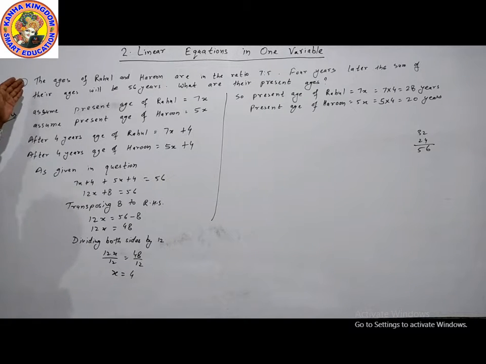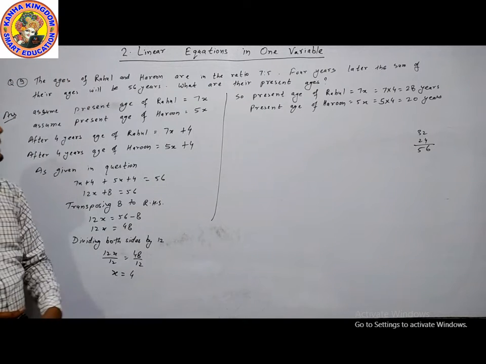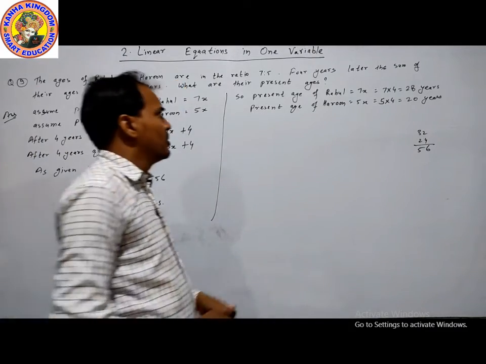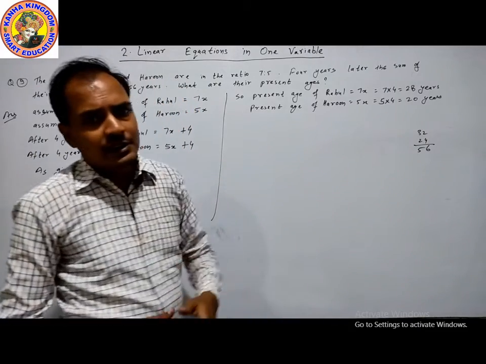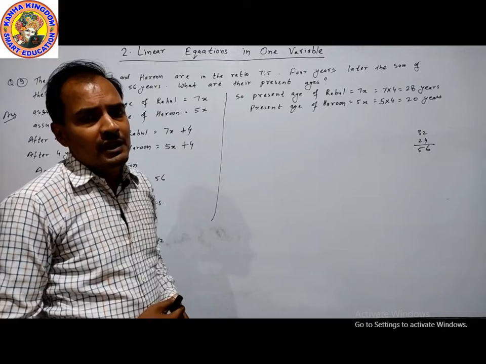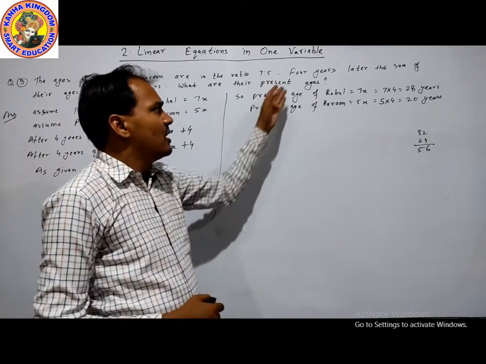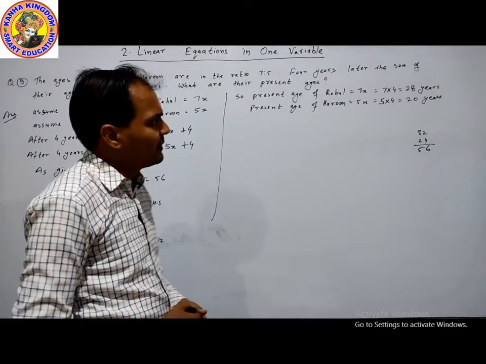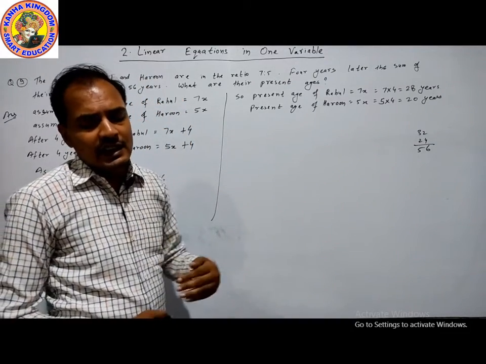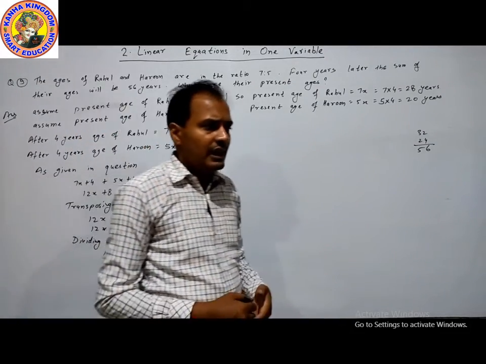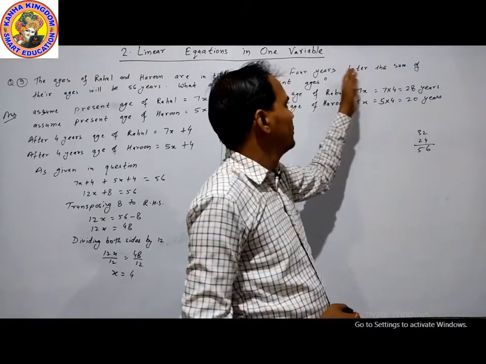The ages of Rahul and Harun are in the ratio of 7:5. In this type of question, we will put 7x and 5x. 4 years later means after 4 years, the age will be added by 4.